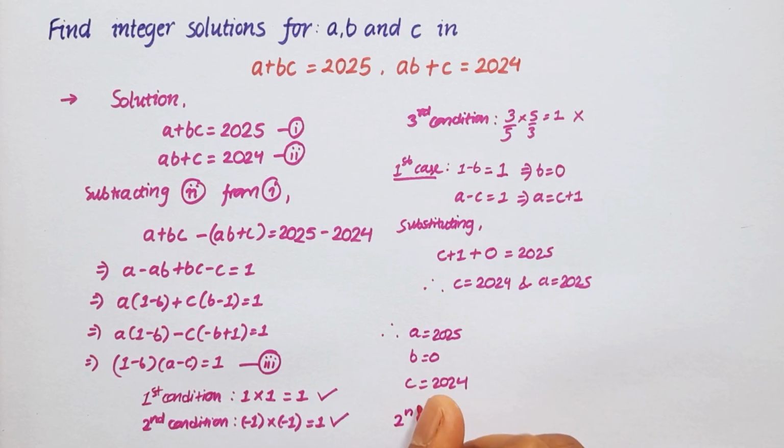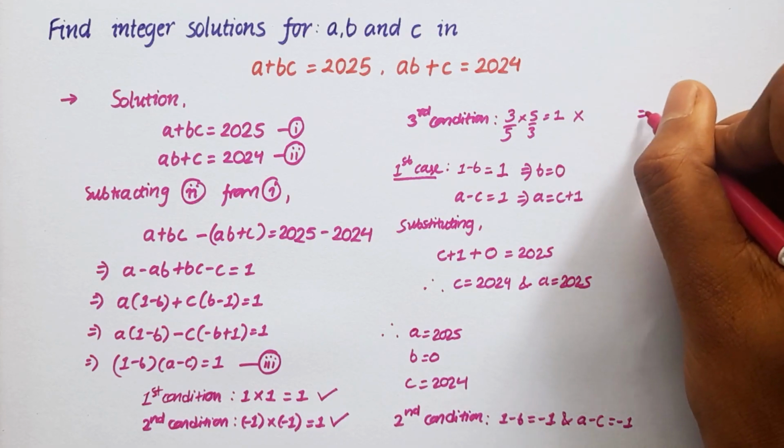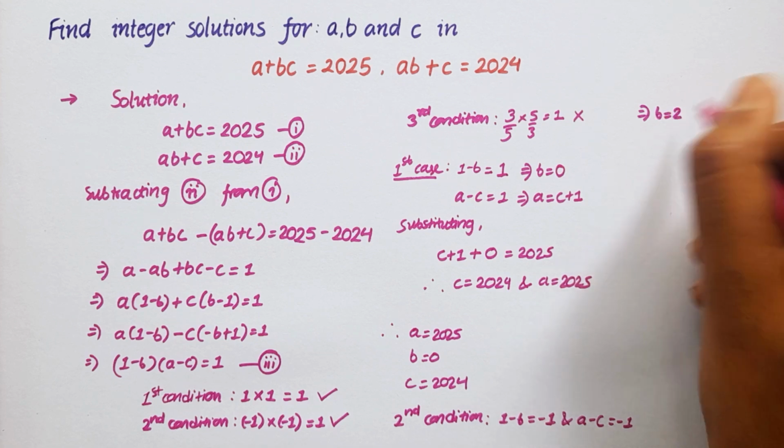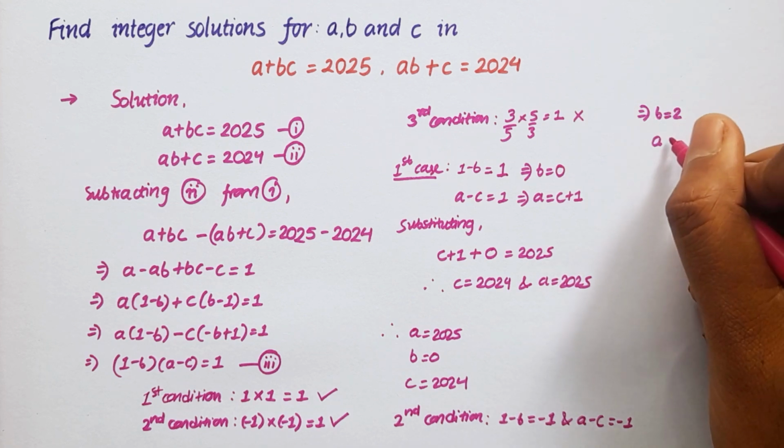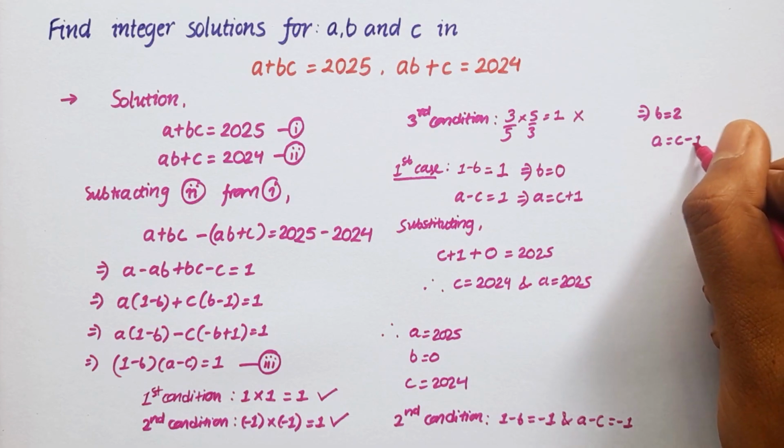The second condition is 1 minus B should be equal to negative 1, and A minus C also should be equal to negative 1. Now let's check. On solving these two equations, we will have B is equal to 2 and A is equal to C minus 1.